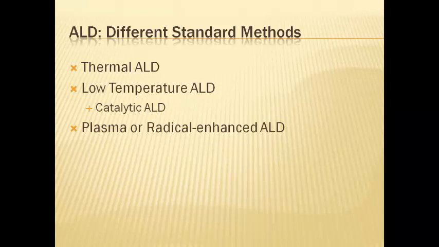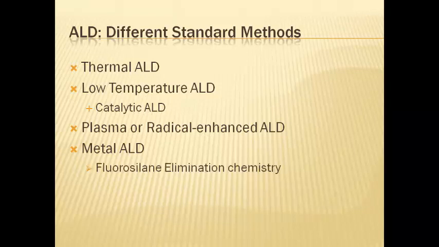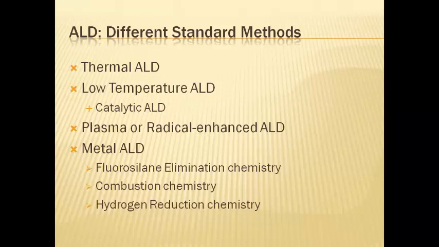In this technique, one of the precursors is used in the plasma or ionized form. Often, plasma sources generate hydrogen radicals to reduce the metal or semiconductor precursors. Metals have a roundabout for radical-enhanced ALD, and they can be deposited by different thermal chemistries. These include the fluorosilane elimination chemistry, the combustion chemistry, and the hydrogen reduction chemistry.